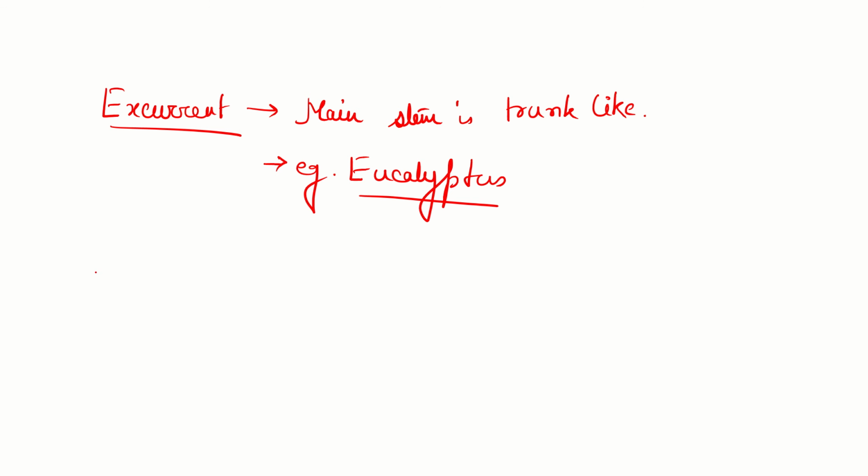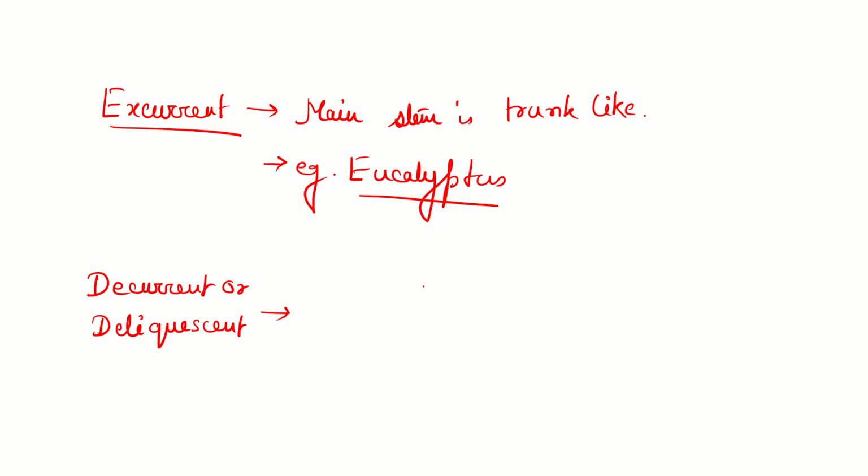Last we have decurrent or deliquescent. Here, the apical bud of the main stem is weak as compared to the buds of the lateral branches. Thus, the lateral branches are prominent and spreading.